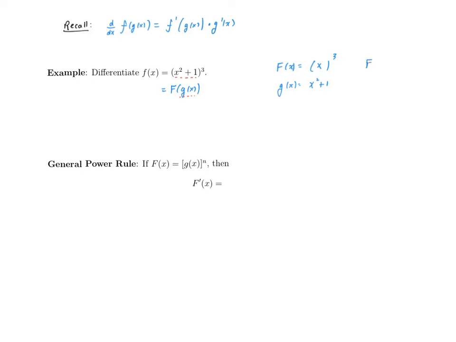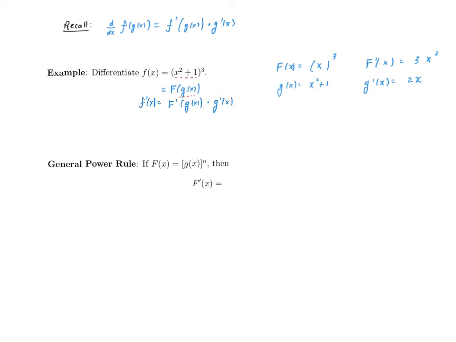So the derivative of the outside function would be 3x squared, and the derivative of the inside function is simply 2x. And the chain rule tells us if we wanted to differentiate this function, little f, it would be the derivative of the outside evaluated at the inside multiplied by the derivative of the inside.